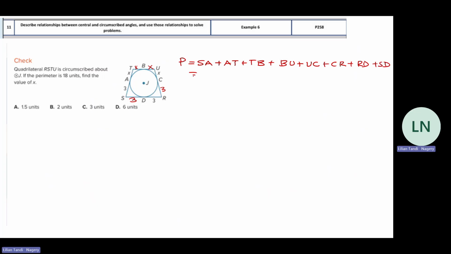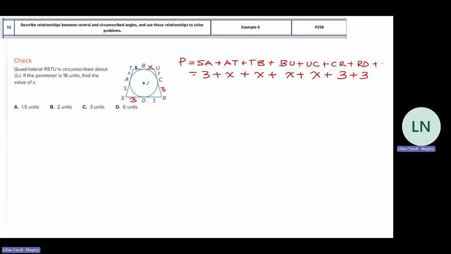Okay, SA 3, AT x, TB x, BU x, UC x, CR 3, RD 3, it should be DS.